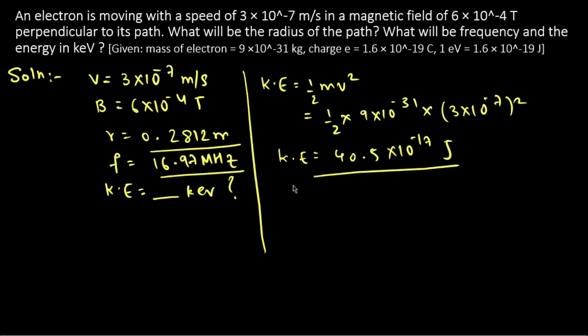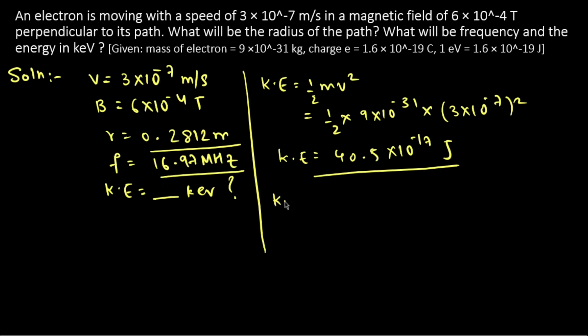But we need this kinetic energy in kilo electron volt. So we know that 1 electron volt is 1.6 into 10 raised to minus 19 joules. To convert this value into electron volt, we need to divide this kinetic energy by 1.6 into 10 raised to minus 19.